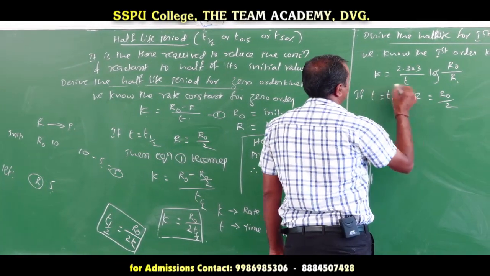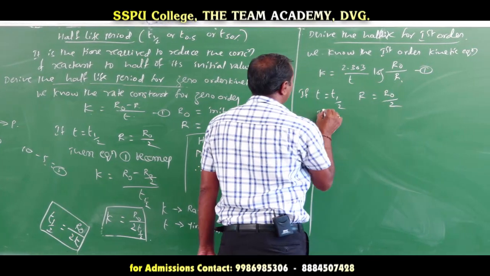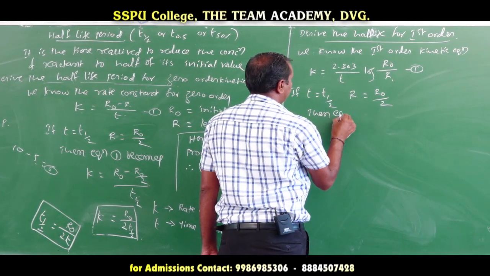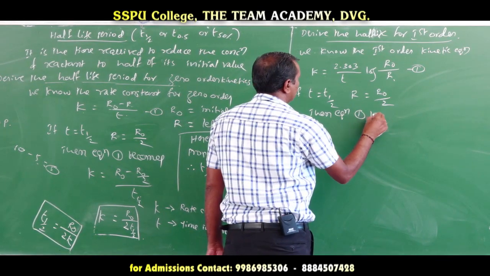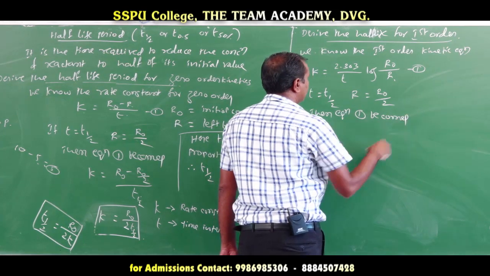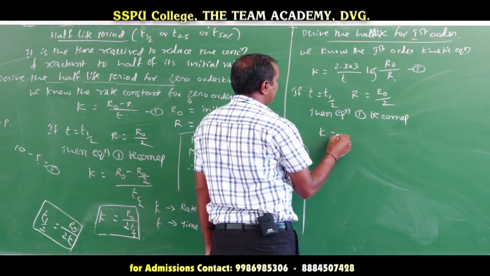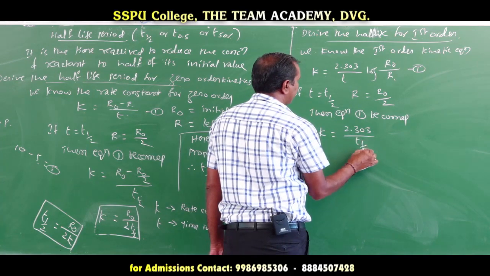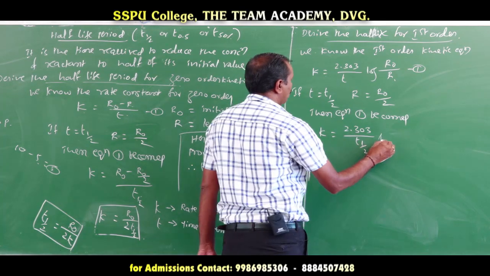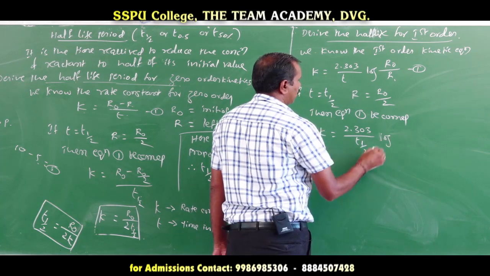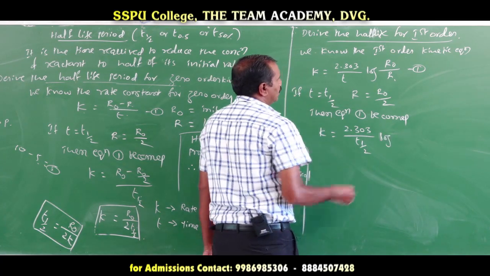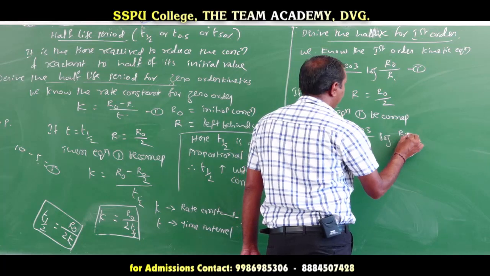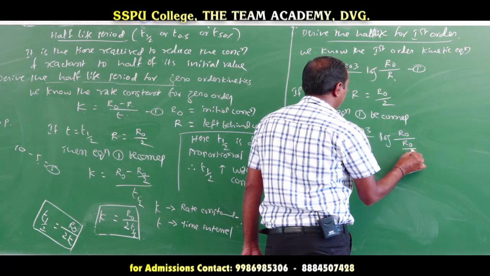Then equation 1 becomes: k is equal to 2.303 by t, where t is nothing but t half, into log of R naught by R, and the value is R naught by 2.